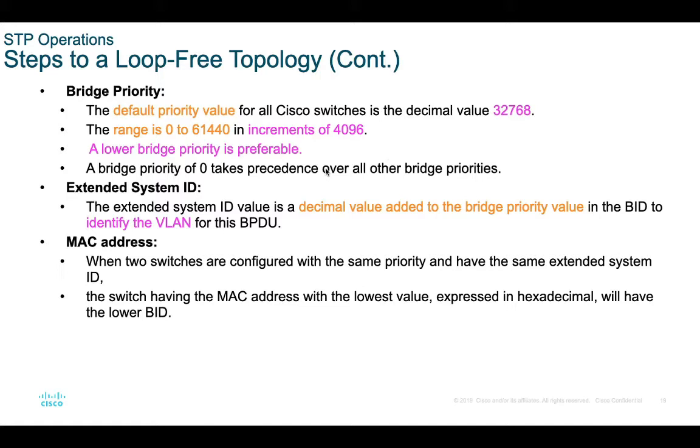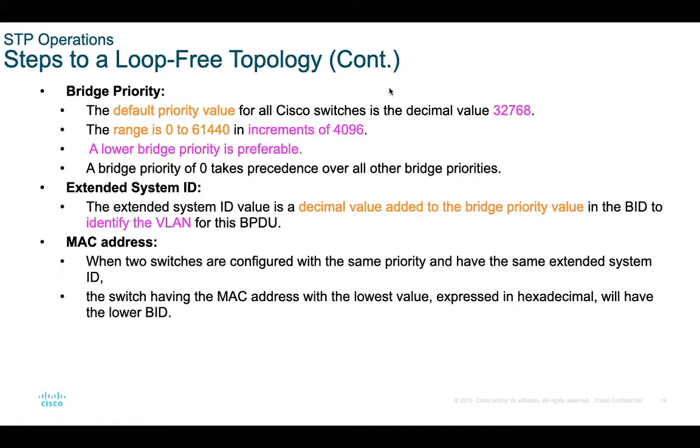But if another switch would like to be the new root bridge, they can decrease the value by another 4096. That's one way. Or you can increase the priority value of a switch in order to make sure that switch doesn't become the root bridge.